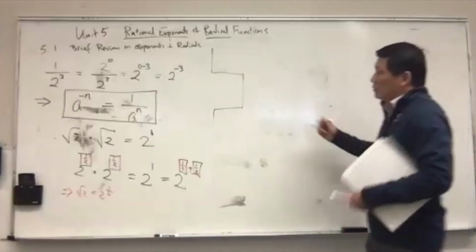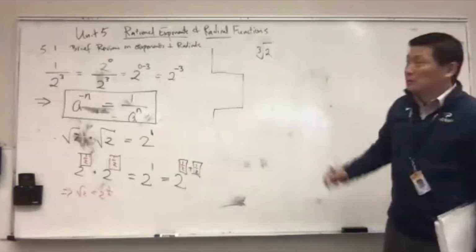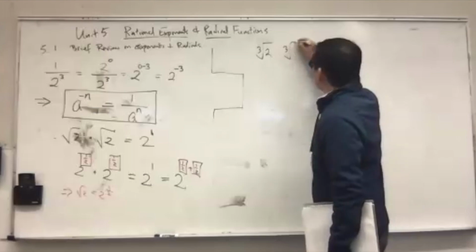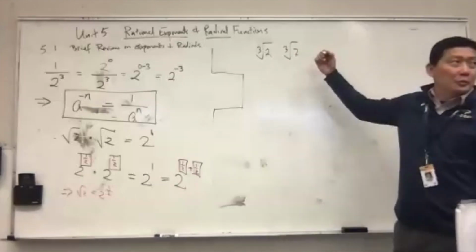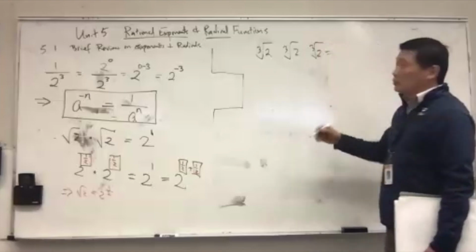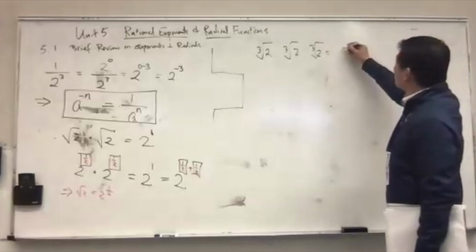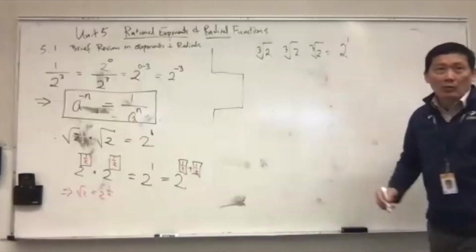Right? So, cube root of 2 times cube root of 2. Well, since it's cube root, that means I need to do it 3 times, isn't it? 3 of the cube root of 2 multiply to each other in order to get you 2 to the 1 power.